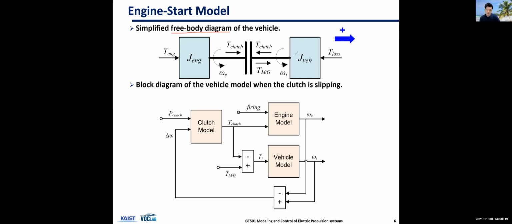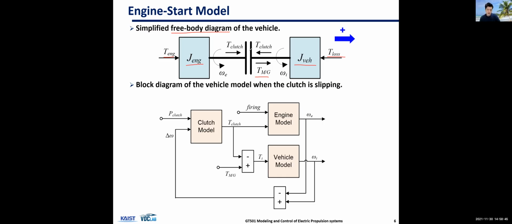We have a large vehicle inertia, and then a small engine inertia, and a motor on the vehicle side, and then engine torque on the engine side, and road load on the vehicle side.